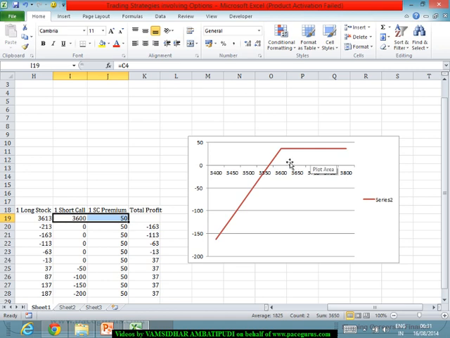If the stock price is above 3,650, what we are typically seeing is there is going to be a profit of 37 bucks.